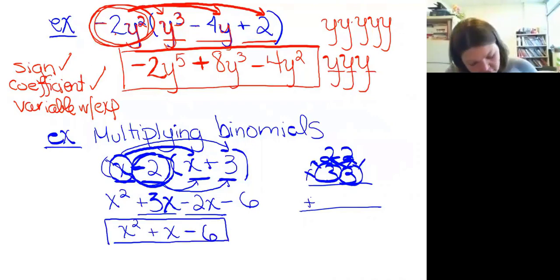Okay. One more problem I want to show you. I want to show you how this skill could come up in a word problem. So last example, and we'll be done. Here we go.